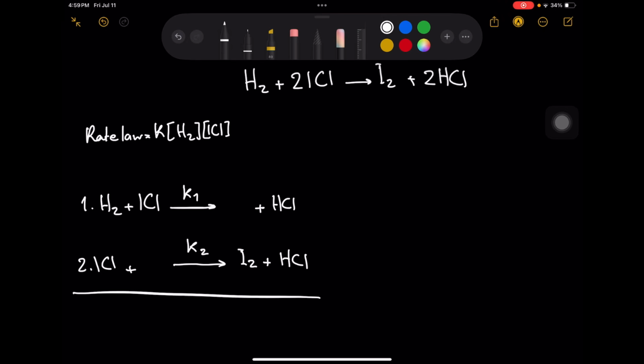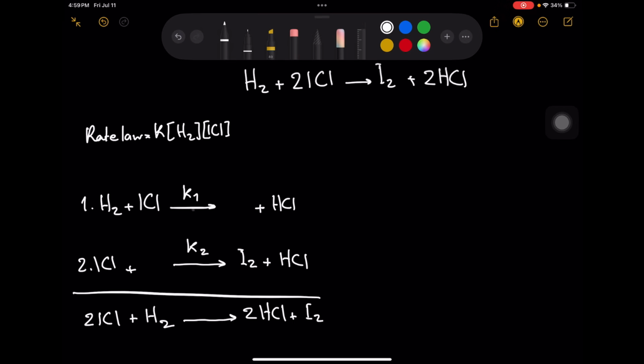So we have 2 iodine chloride plus H2 in our overall reaction, and we have 2 HCl plus iodine. So now, how are we supposed to find the intermediate?